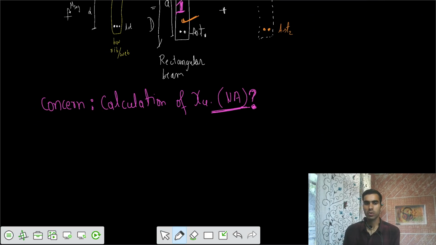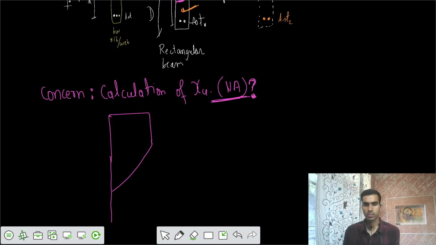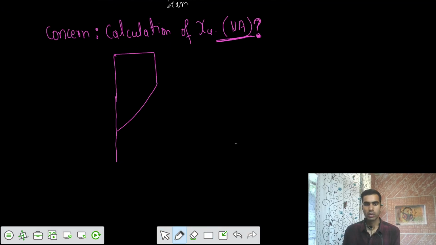Do you know the stress block for the singly reinforced beam? Do you know what the stress block was? The stress block was in this fashion. There was some T, and there was some neutral axis location XU from the top.